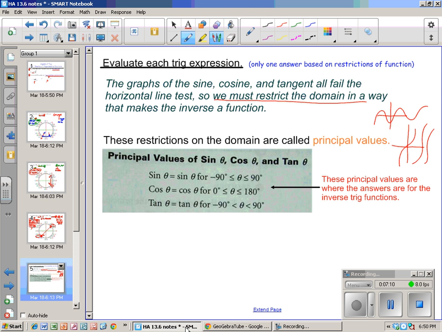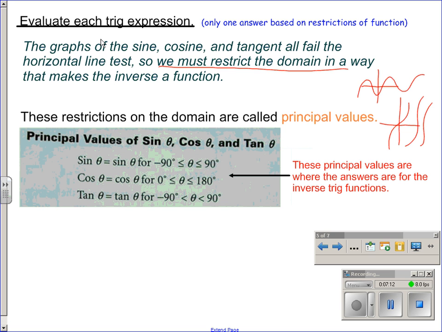So let's go back to our notes. Okay. When we're dealing with these problems where we have that capital S inverse sine of a ratio, square root 2 over 2, we are going to get one answer.